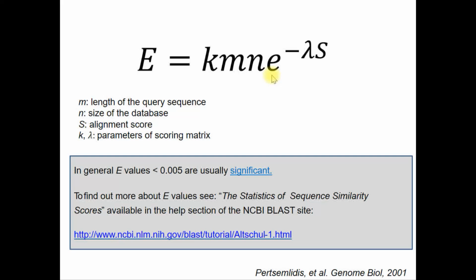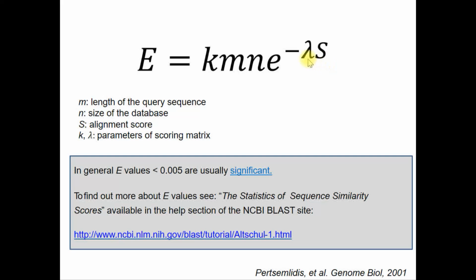e is the base of the natural logarithm. S is the alignment score. There is a negative sign before S, so the e-value is negatively correlated with the alignment score S. If the alignment score is higher, the chance of a random match is lower.